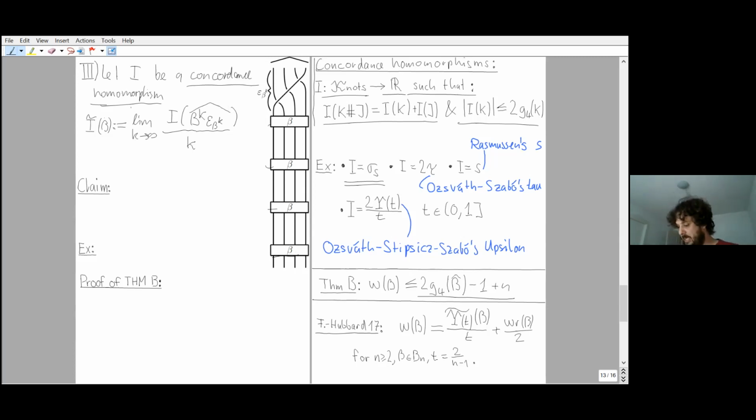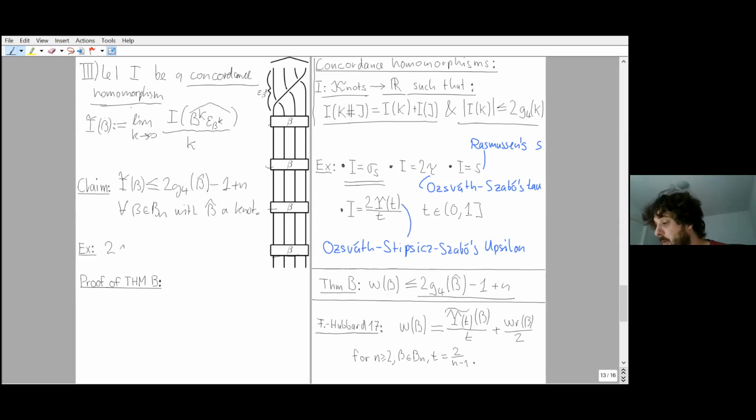And the statement is, whenever you're in this setup, you have a slice-Bennequin inequality. This is the general theory of these things for all beta where the closure is a knot. And actually, an example of this is the slice-Bennequin inequality.